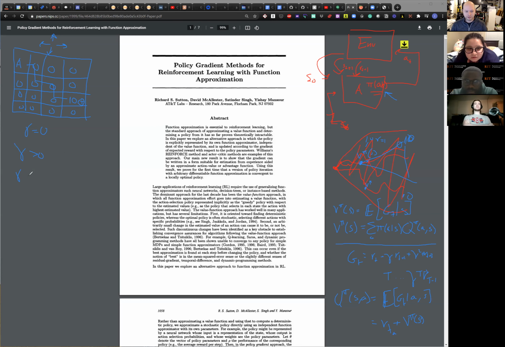But if the discount factor is one, then it doesn't matter how long the agent ambles around until it finds this value, because if it takes 20 time steps or 5, it's the same value. So in this case you're penalizing longer time steps, whereas here you're only providing immediate value, but here you're not penalizing time at all.